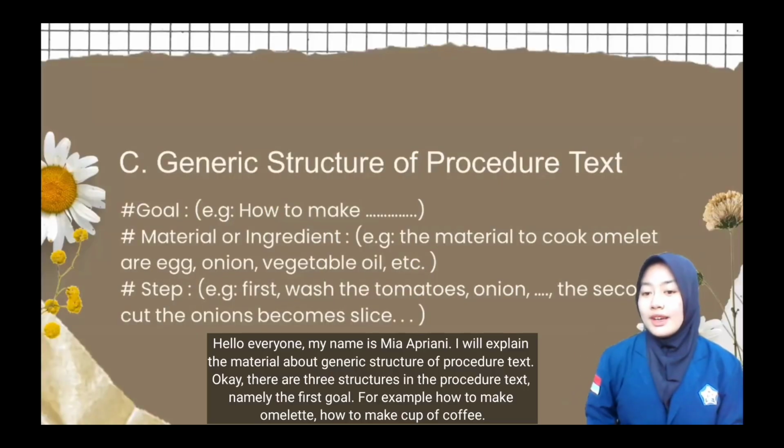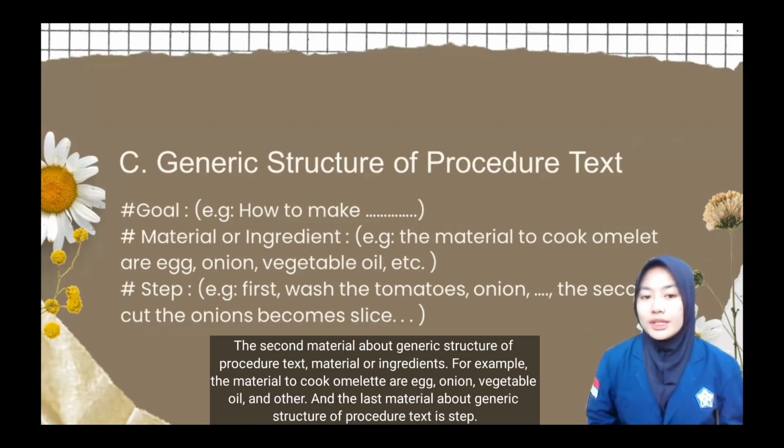Hello everyone. My name is Mia Apriani. I will explain the material about the generic structure of procedure text. Okay, there are three structures in procedure text, namely the first, goal. For example, how to cook an omelette, how to make a cup of coffee. The second material about the generic structure of procedure text is material or ingredients.